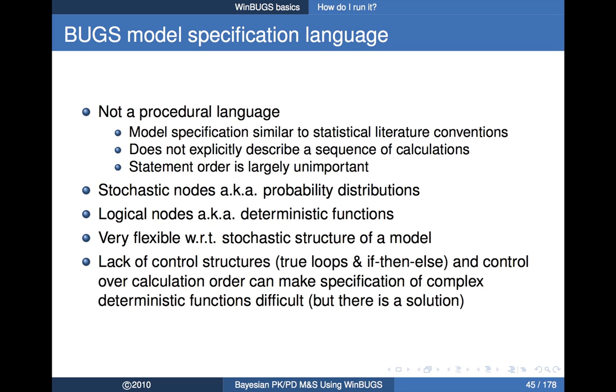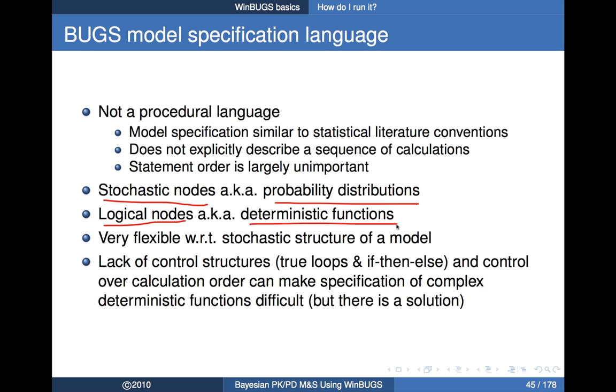Let's see what else. Some notation or terminology that you'll see when you actually look at the help document and so on. You'll see WinBUGS. The WinBUGS help will refer to stochastic nodes and logical nodes. In this case, the stochastic nodes are nothing more than probability distributions.